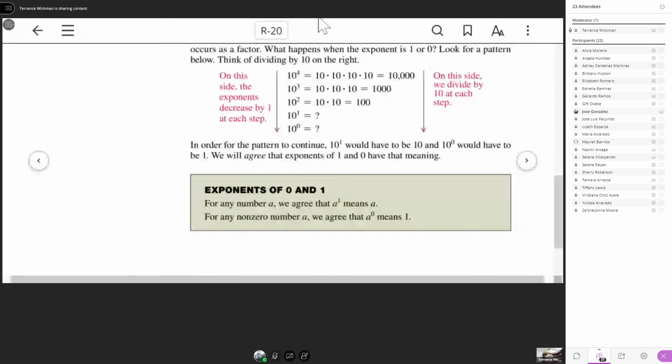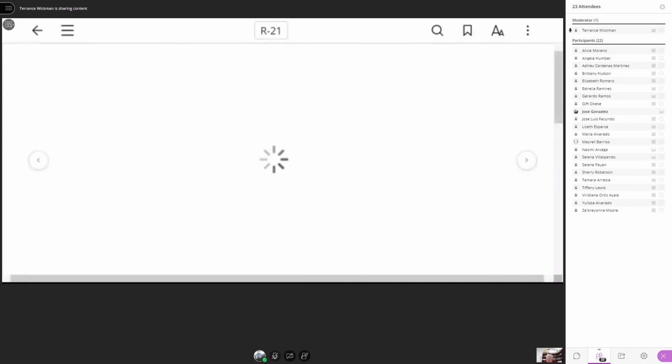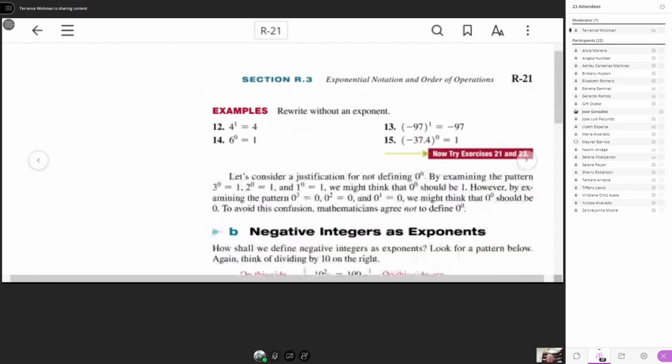So look. I will show you one of the problems that I give on the test, and people get this, believe it or not, in other classes get this wrong all the time.